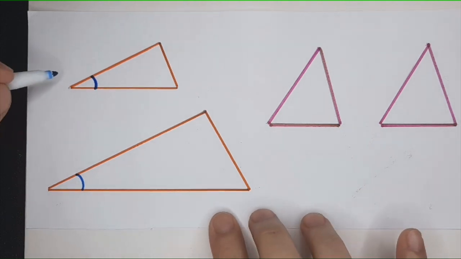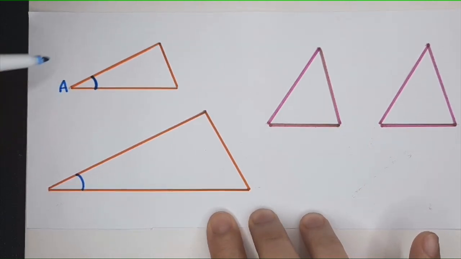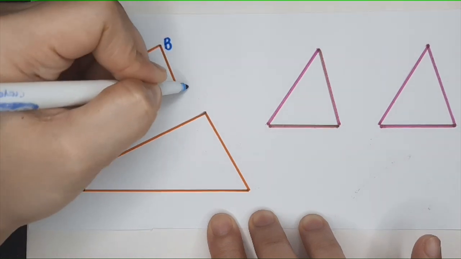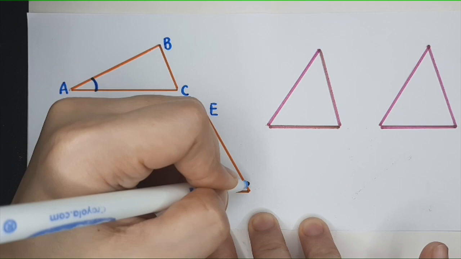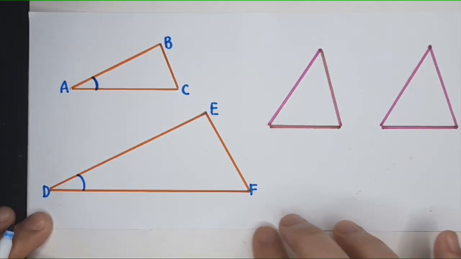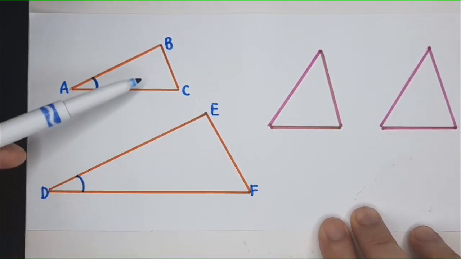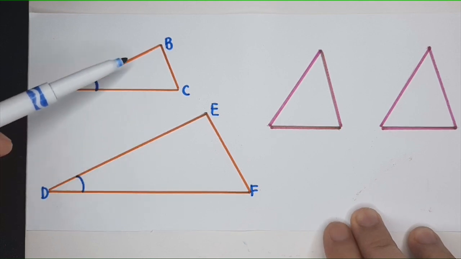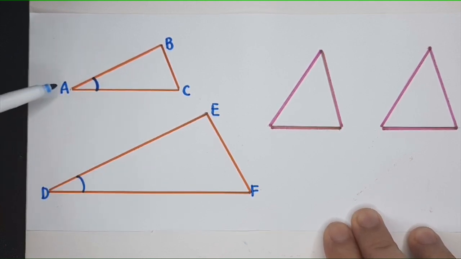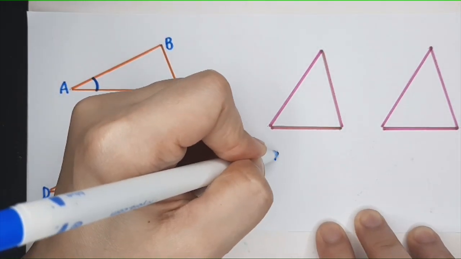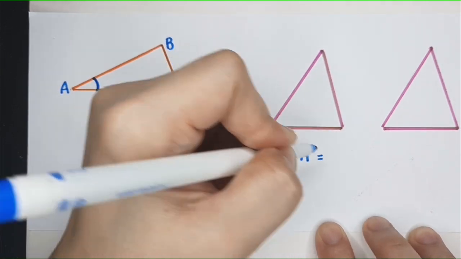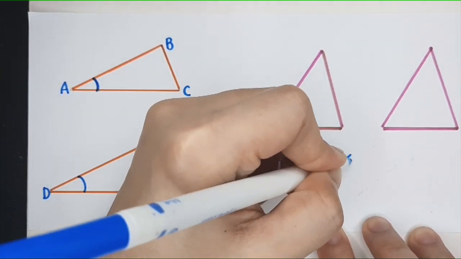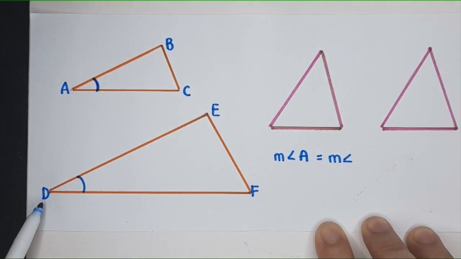So for example, I name this A, B, C. And then this one is D, E, F. So these two triangles are similar. So I say the measure of angle A is equal to the measure of its corresponding angle, which is D.